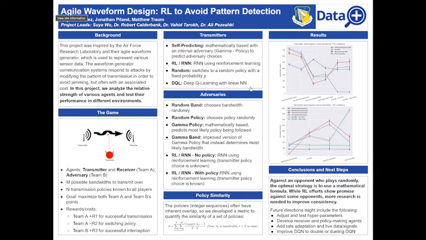Yeah, could you guys talk a little bit more about what the gamma policy and the gamma band are? It says mathematically based, but how is that actually done? Yeah, Jonathan can explain that. Sure. The simplest one is actually gamma band, and what it does is it looks at the last 5 time steps, and it basically says whichever policy was followed the most recently, the most often, is the one that we're going to predict the transmitter is on.